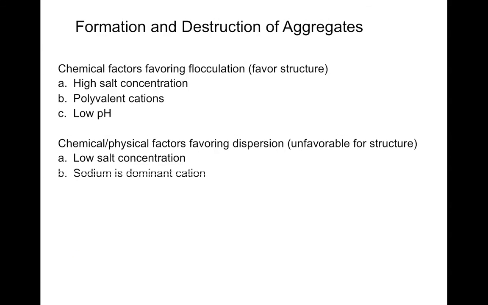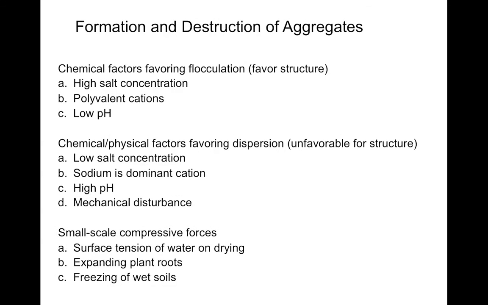So aggregates not only break down, but they also form, right? There's a bunch of chemical factors that favour flocculation, or favour the development of soil structure. They are high salt concentrations, not good for plants though, right? You have polyvalent cations, so cations with charges of +2 and +3 rather than +1.